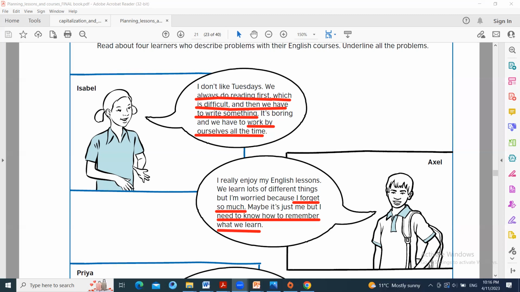Also, Axel's teacher could decide not to do some things in the coursebook or syllabus that are less important for the class so that there is more time for recycling.